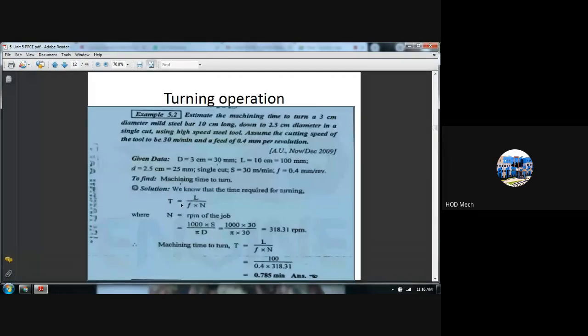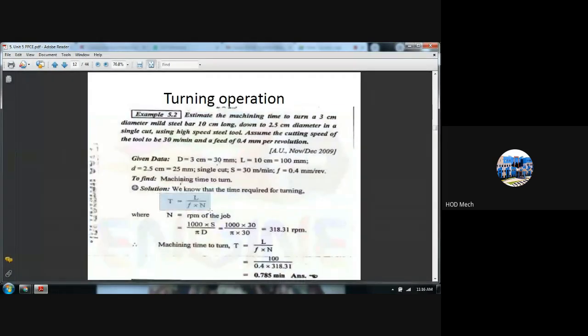You have to remember this formula, because these formulas will not be given. They have to be remembered by you, and you should be able to recall them.